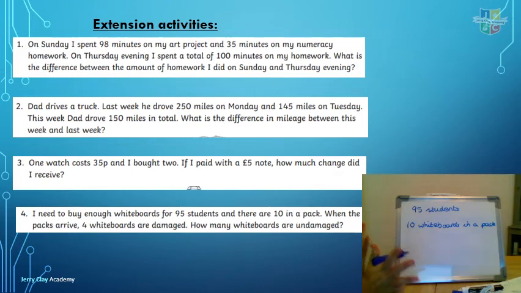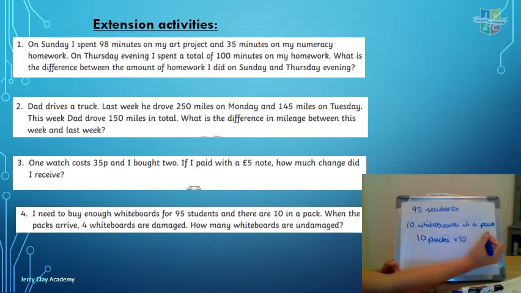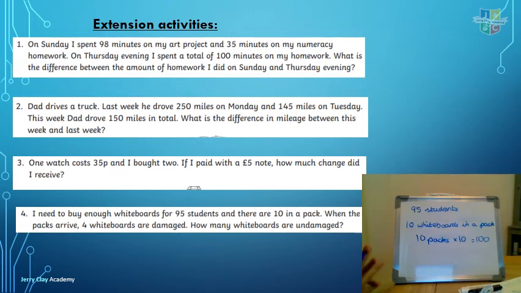Well, we have to have more than 90 whiteboards because there's 95 students. So we would have to have 10 packs, because if there are 10 whiteboards in each pack, we would have 100.